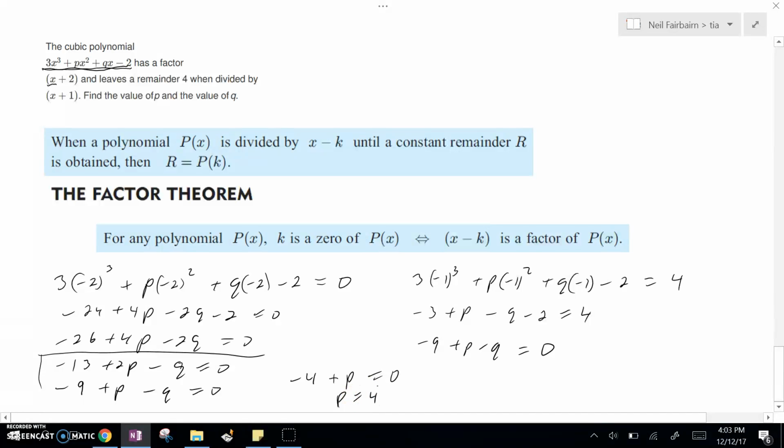And then if we substitute that into one of the equations, let's call this equation 1 and equation 2. If I sub it into, let's go with 2, we get negative 9 plus p, which is 4, minus q is equal to 0. And therefore negative q is equal to 5, and therefore q is equal to negative 5.